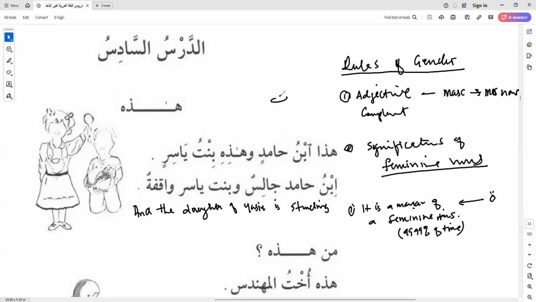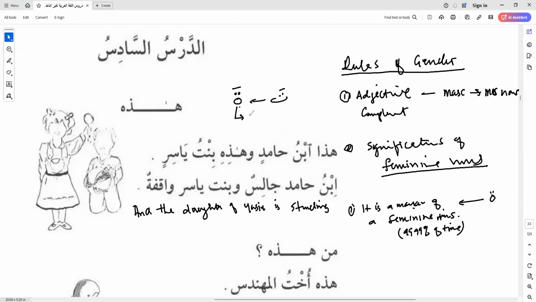It's like the normal ta, but it's round, it's closed, and then the two dots are put at the top. It's pronounced the same, ta. This is ta and that is ta.